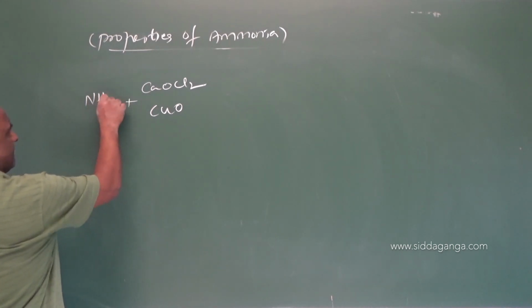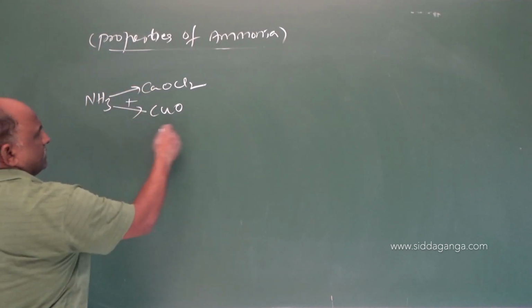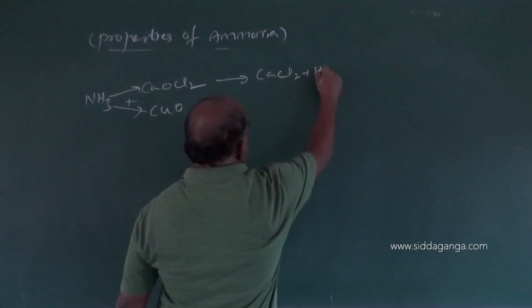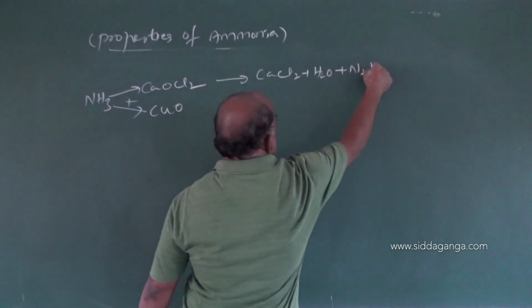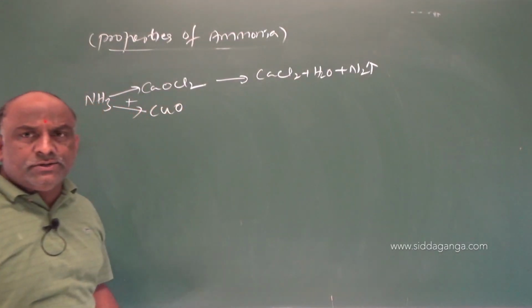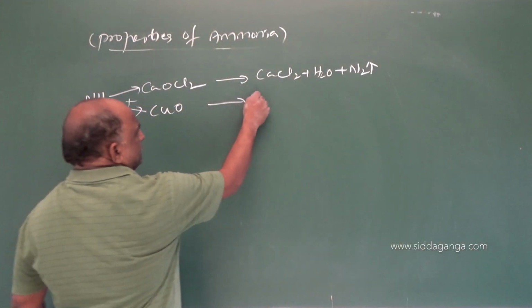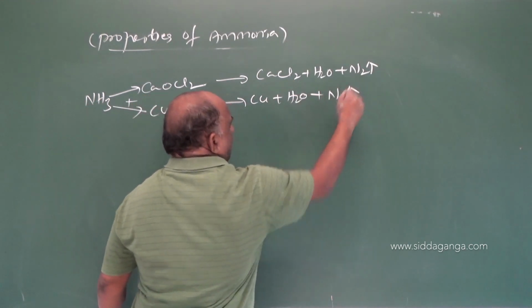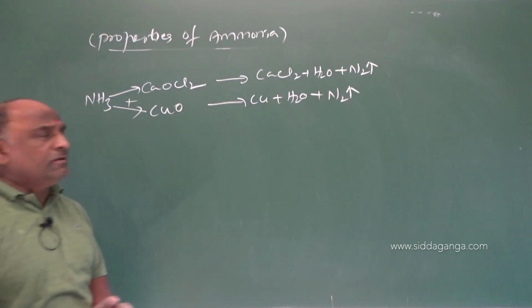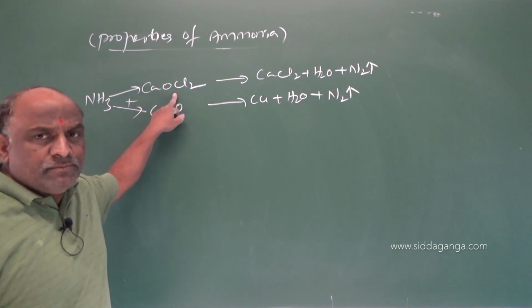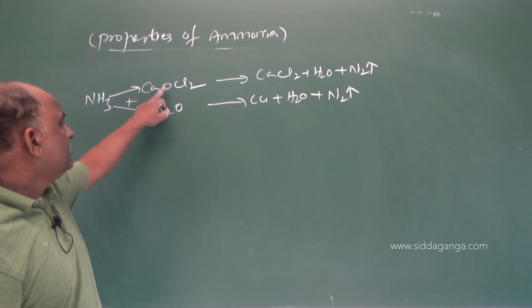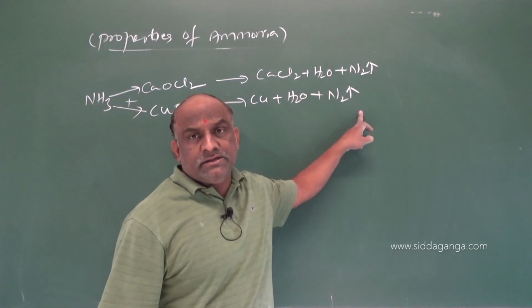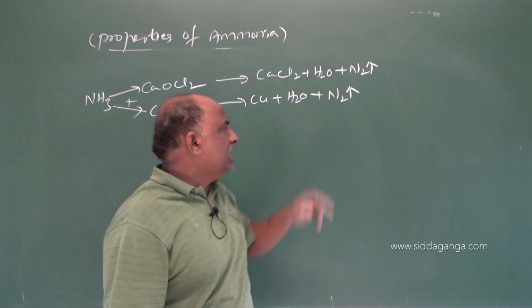Ammonia reacts with CaOCl2 or CuO, then what will be the compounds? Here we will get CaCl2 plus H2O plus N2, liberating dinitrogen gas. Here also we will get Cu plus H2O plus N2, liberating dinitrogen gas. So copper(II) oxide and bleaching powder react with ammonia and liberate which gas? Dinitrogen gas.